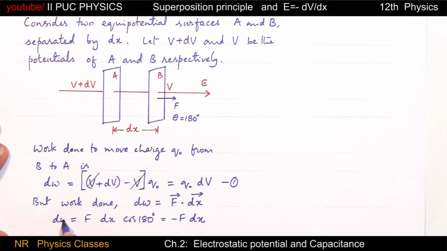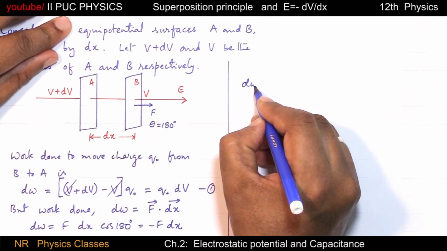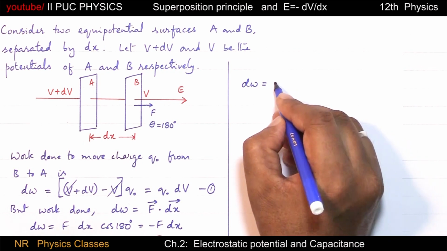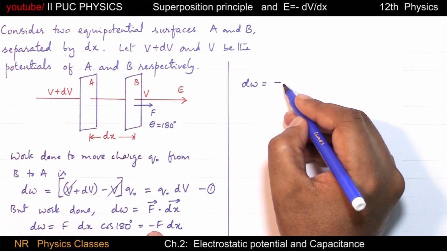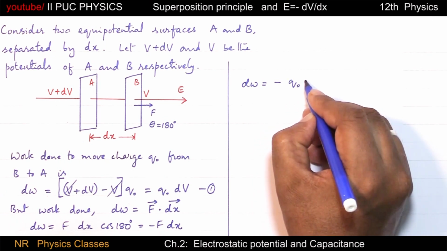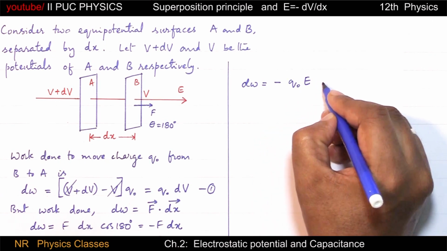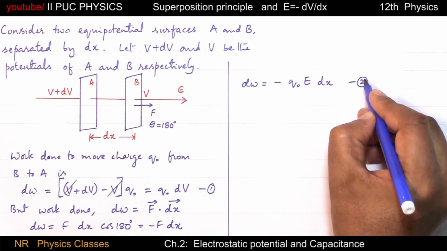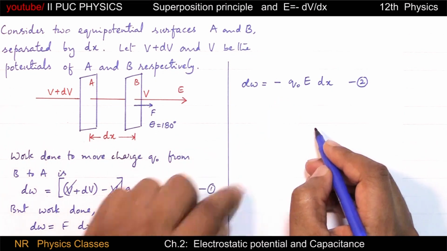This is the work done dW. dW equals minus F dx, and the relation between force and electric field is Q0 times the electric field at that point, into dx. This is equation 2.